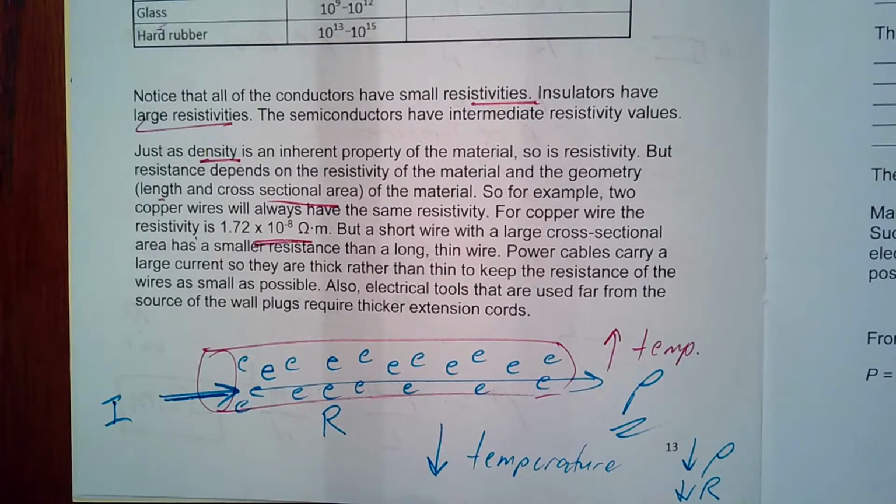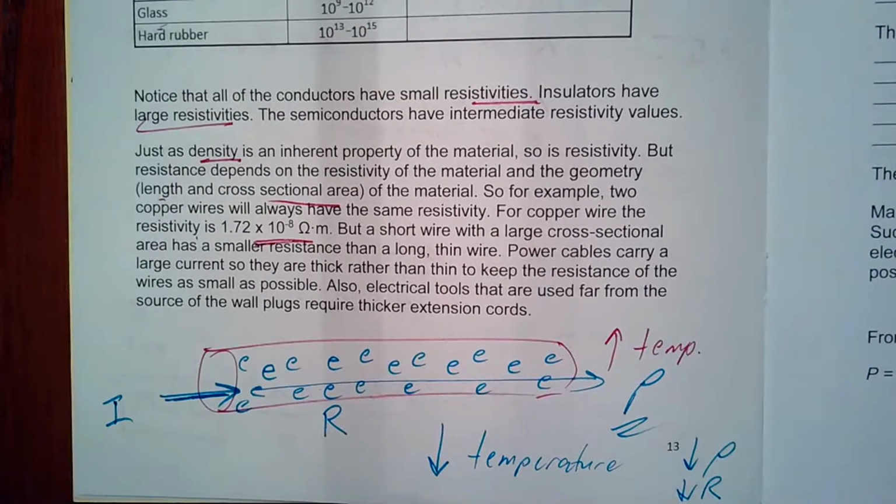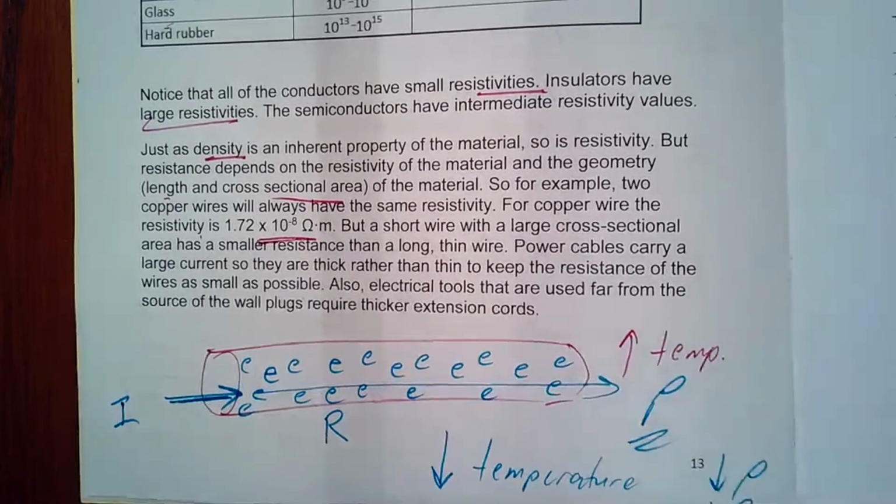They're not super cooling it, but it is a superconductor that repels the magnet when it's turned on, and the train actually floats. So it's a device with very, very low resistance, and it's a superconductor.